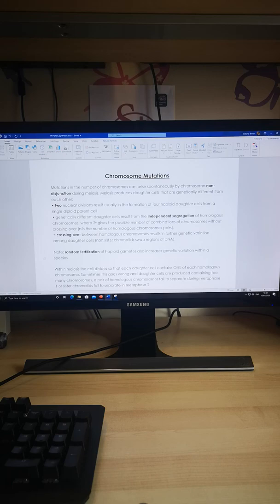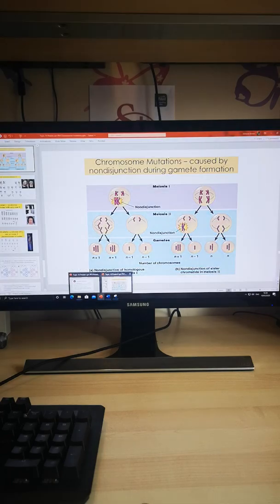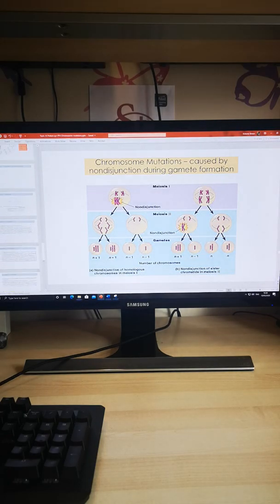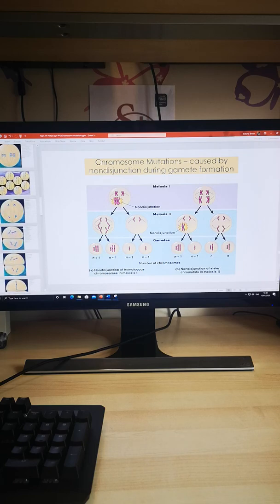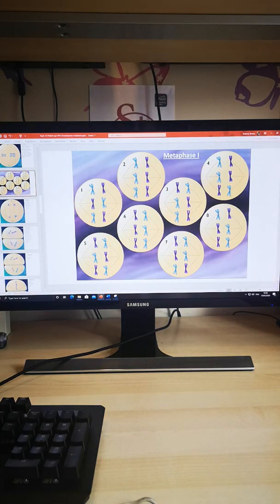Remember that in normal meiosis, genetically different daughter cells result from independent segregation of the homologous chromosomes, where 2 to the n gives the possible number of combinations. If you think back to that chromosome picture, there were 6 chromosomes, so 2 to the 6. And if we pop back into the PowerPoint, we had 8 shown.